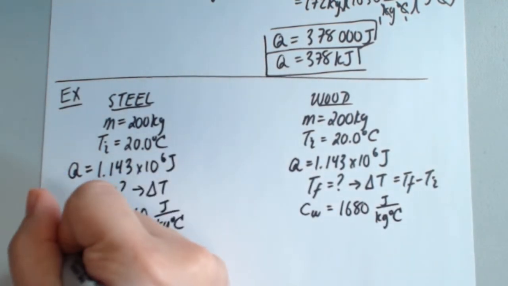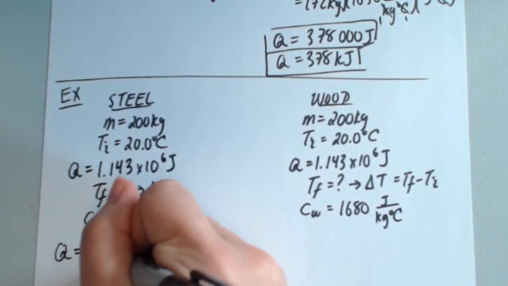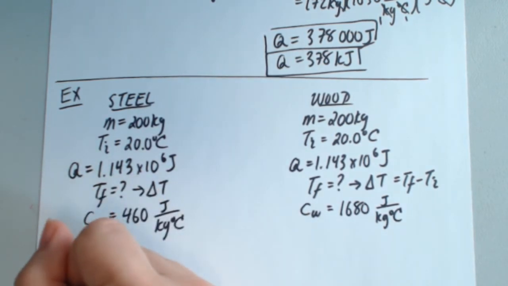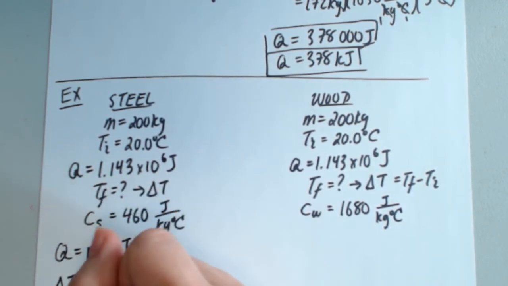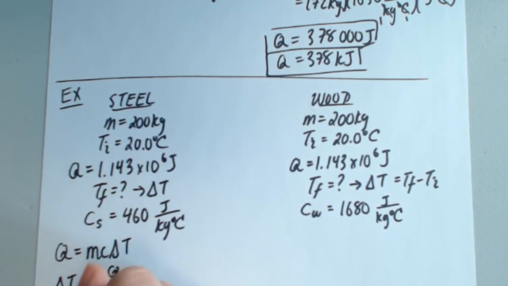Okay, that's it. So we just need to do Q equals MC delta T, and we're going to rearrange this for delta T, so that's Q over MC. That's 1.143 times 10 to the 6 joules divided by 200 kilograms and 460 joules per kilogram degrees Celsius.